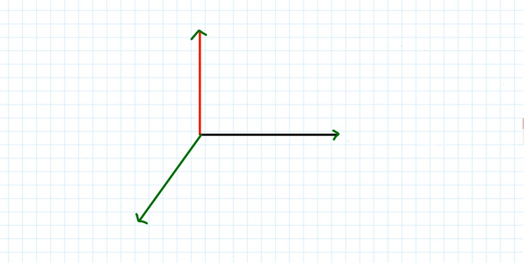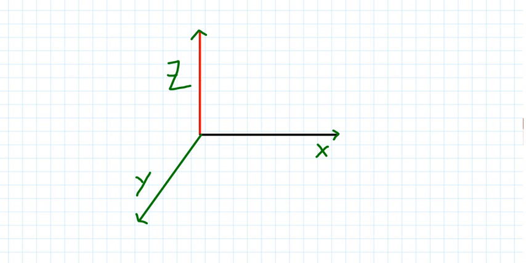So this is our x-axis, this is our y-axis, and this is our z-axis. Now, if you have observed carefully, you might have noticed that you can rotate an object in three-dimensional space by getting hold of one of the primary axes.